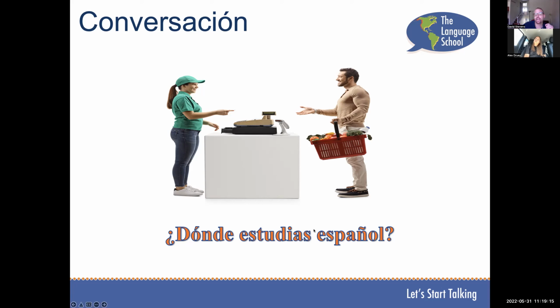Now remember that exchange we were talking about last time. Estudiar is an AR verb, so you have to change this AS ending to an O ending. So you'd say estudio español. Estudio español en Denver. Ahí está, muy bien.